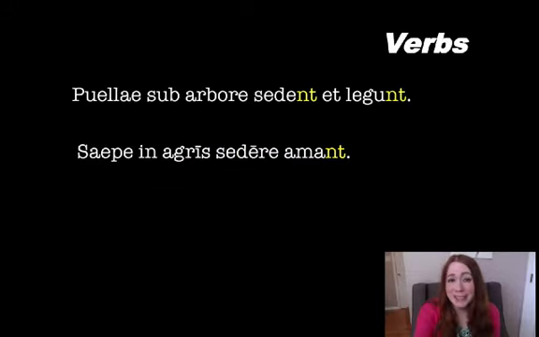Let's take a look at 2 sentences that do and do not use an express subject. Puellae sub arbore sedent et legunt. In this sentence, both of our verbs have the NT ending, so it's representing they. Saepe in agro sedere amant. This also uses an NT.